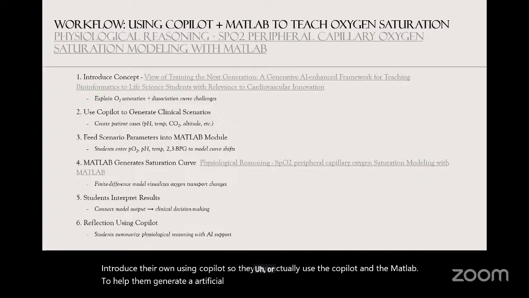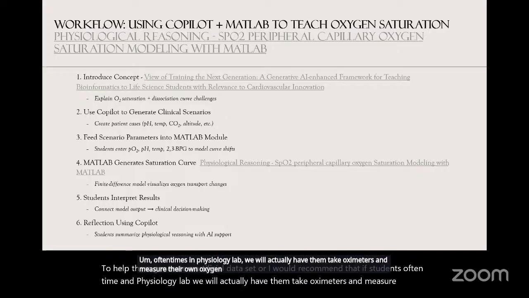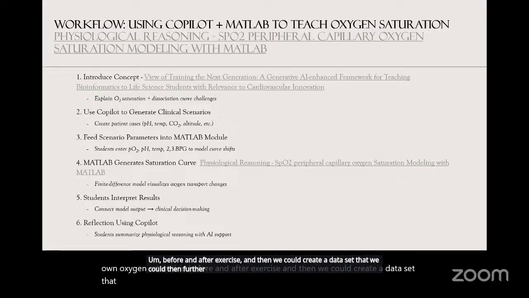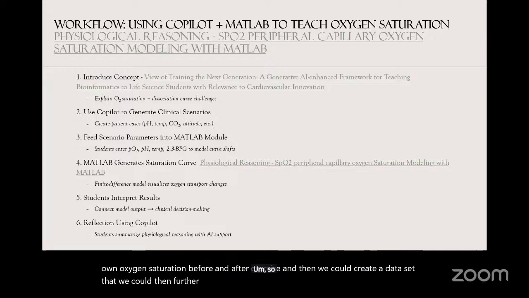Or I would recommend that, oftentimes in physiology lab, we will have students take oximeters and measure their own oxygen saturation before and after exercise, and then we could create a data set that we could further analyze. So in addition to using GitHub open source data, we also could generate our own.